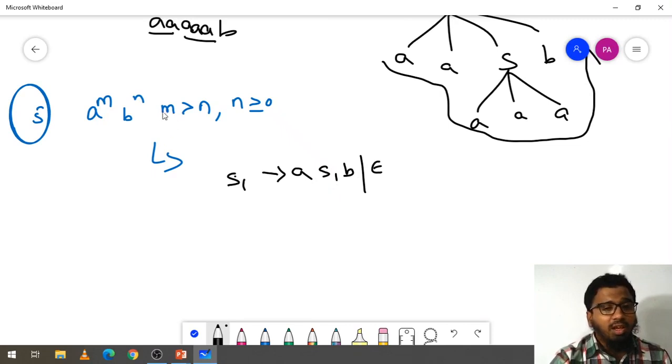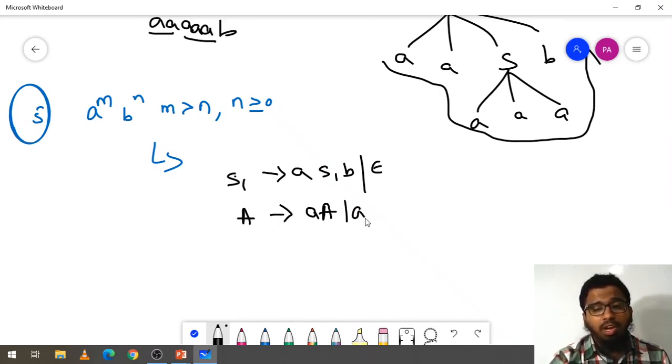But what it is telling is that M should be greater than N. So for that, I am taking small a and capital A, and to terminate you can take A. In place of whatever A S B, you can add one more A, so definitely A will be more.